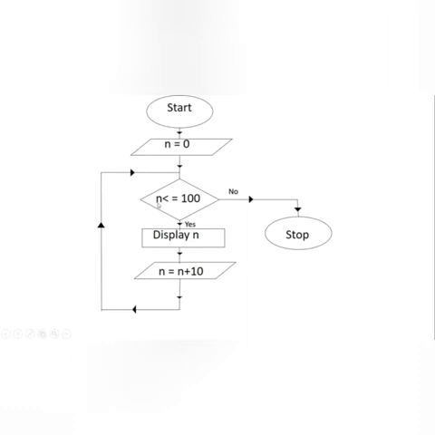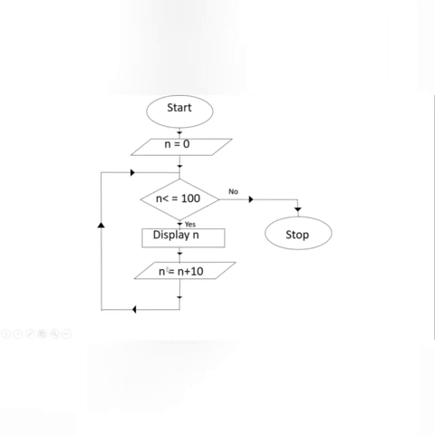So in the situation in which n becomes equal to 100, in the boolean they are asking us, is 100 less than or equal to 100? 100 is certainly not less than 100, but since 100 is equal to 100, we still go in the yes path, and in the process display 100.